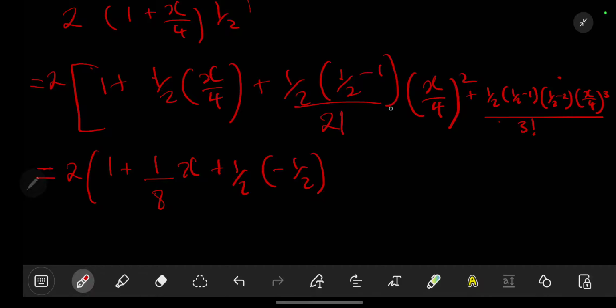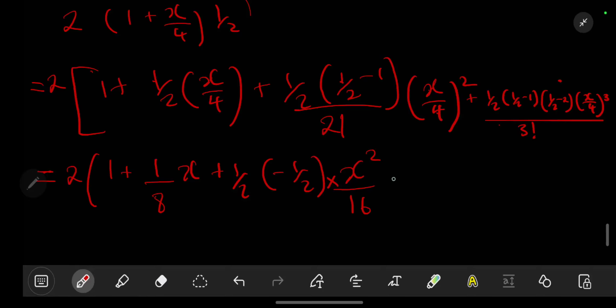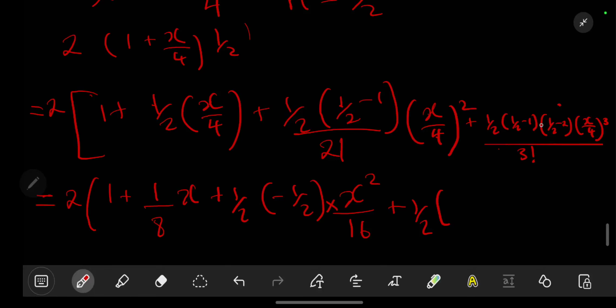Then from there, that will be our x squared, over 4 squared, that will be our 16, like that. Then we are going to have plus, we have our half minus 1, we have found it to be negative half.